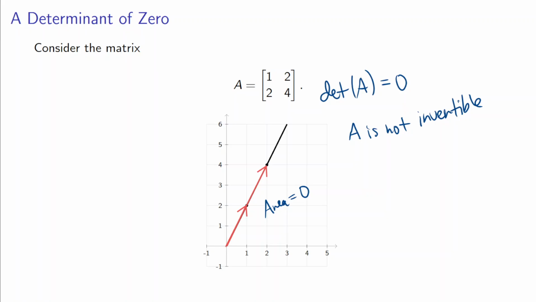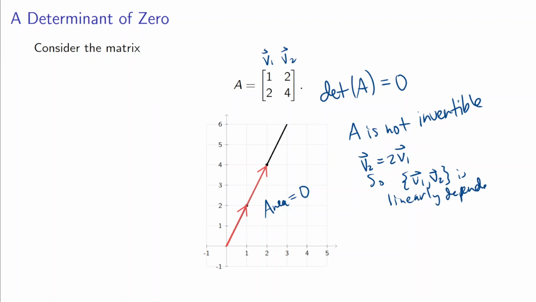The other thing we can see is that if we call these columns v1, v2, let's say, then v2 is just twice v1, and therefore this set v1, v2 is linearly dependent, since we can write one of the vectors as a linear combination of the other vector, or vectors in general.